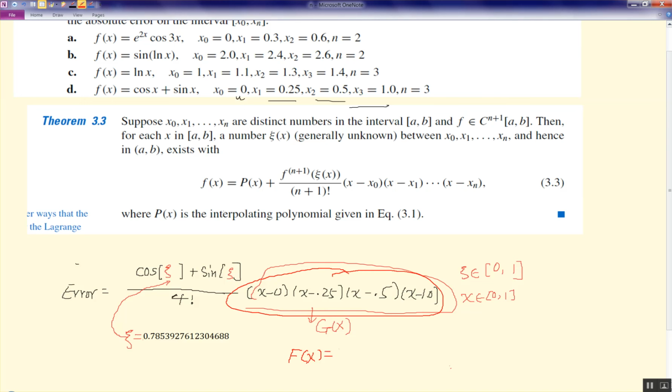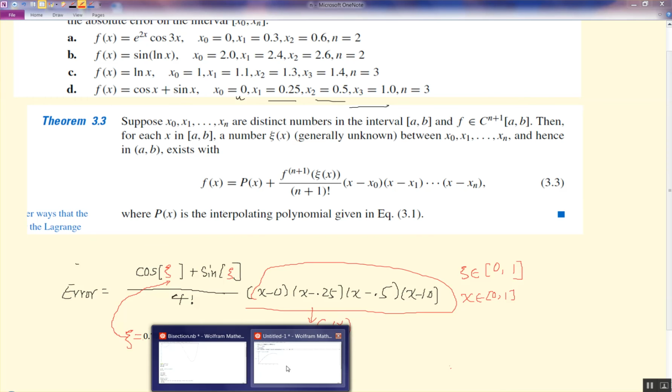So f is the g prime of this guy. Please do not get confused by this f and the original f. They're two different things. The purpose is to solve this equation, setting this to 0.